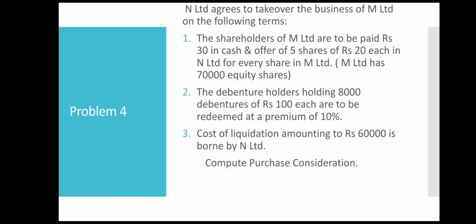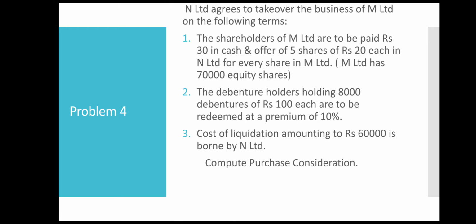First one, the shareholders of M Limited are to be paid rupees 30 in cash. Look at the first words, the shareholders of M Limited. So this is the payment which is made to shareholders, so this is to be considered while calculating purchase consideration. Okay, I read it once again.